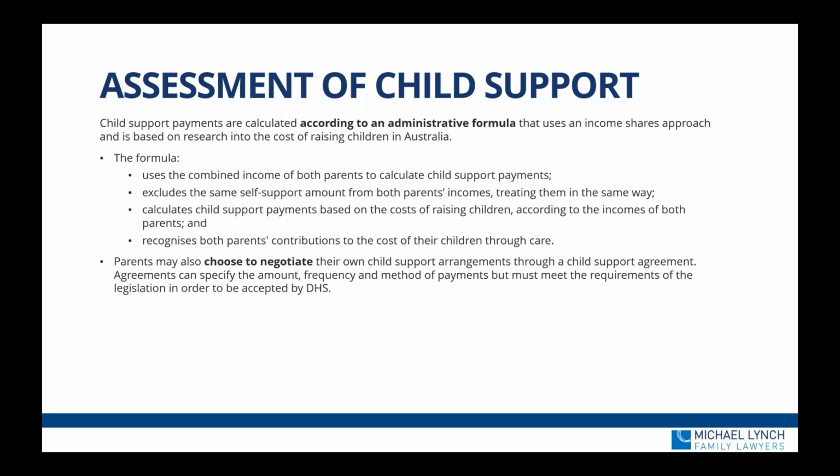They then work out the parents' combined income in step 2 by adding together both parents' income. They then, in the third step, work out each parent's income percentage by dividing each parent's income by their combined total. Then, as a fourth step, they calculate each parent's percentage of care, and as a fifth step, work out each parent's cost percentage using the care and cost table.